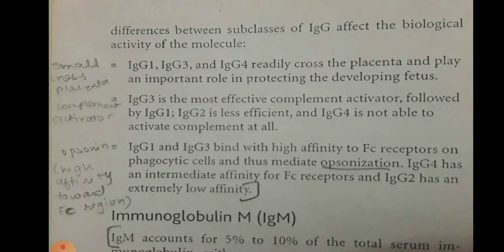So IgG1 and IgG3 have very high affinity to attach to the Fc receptor of the phagocytic cells, and hence they have a very high affinity to attract to the foreign antigens which are entering the body, and ultimately kill them. I hope you understood what is ADCC as well as what IgG is and the different types of IgG, IgG1, IgG2, IgG3 and IgG4.